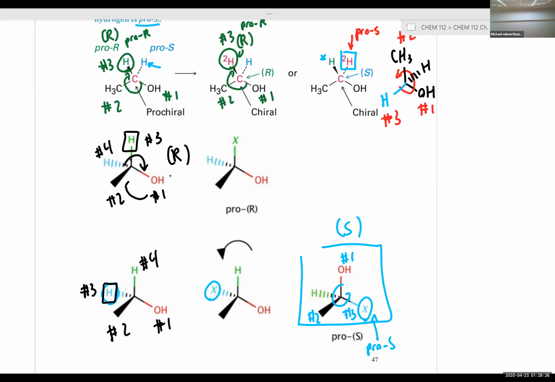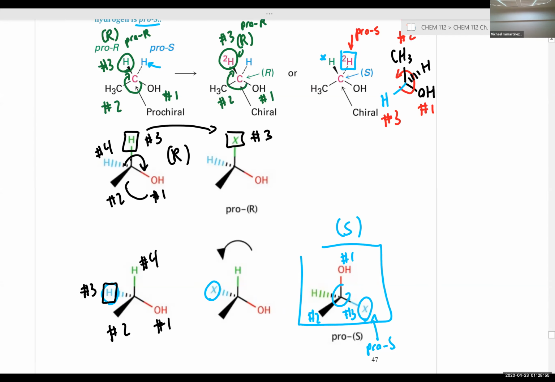Okay. And then the other hydrogen that was a lower priority than the previous one, how would you determine the configuration for that? So the way I like to think about it is we pick one of our hydrogens and we replace it with a group X that is priority number 3.